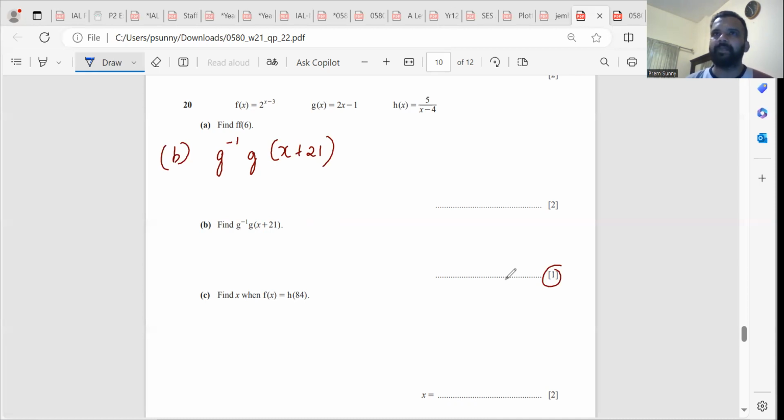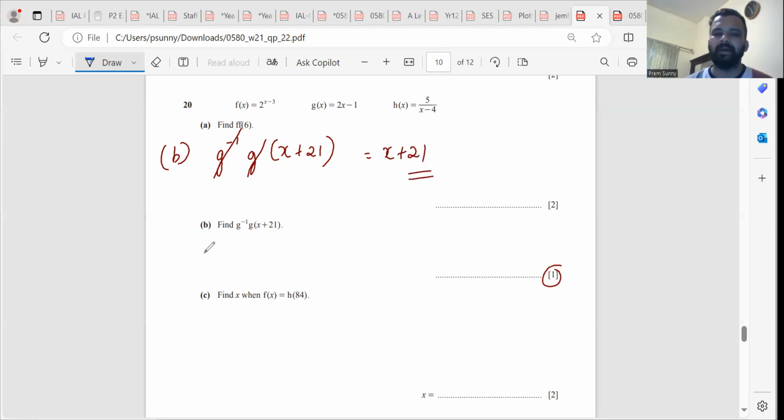So there must be some simple way to solve this. A function g of x and its inverse g inverse always get cancelled. So for g inverse of g of x plus 21, the inverse and function get cancelled. Your final answer will be x plus 21 itself.